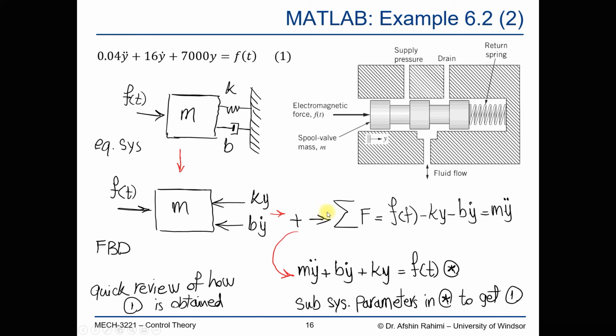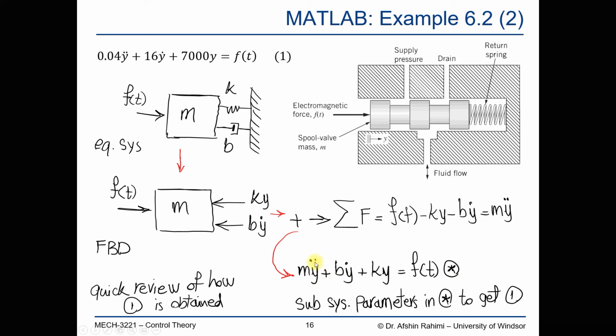Using sigma F with right positive, we get the summation of all the forces equaling m y double dot. Moving all the variables in the descending order of the dots to the left, everything else to the right, we obtain our system equation.